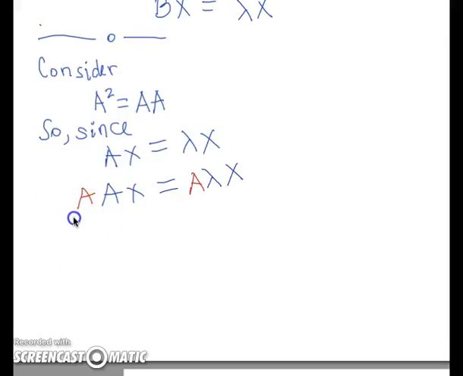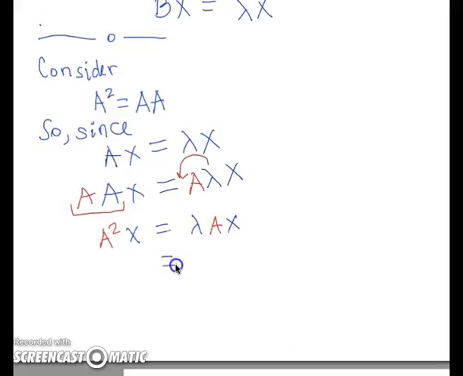The left hand side is going to become A squared. On the right hand side, lambda is a scalar, and so by properties of matrix-scalar-vector multiplication, we can move the scalar up front, and then the matrix A multiplies x on the right side of this vector equation.